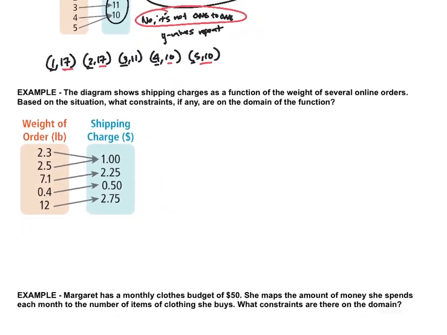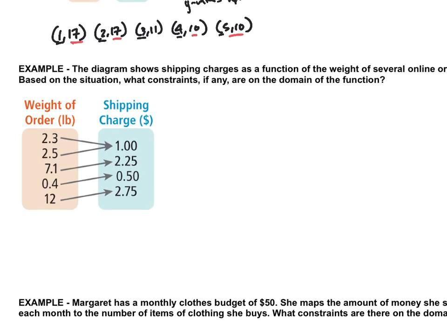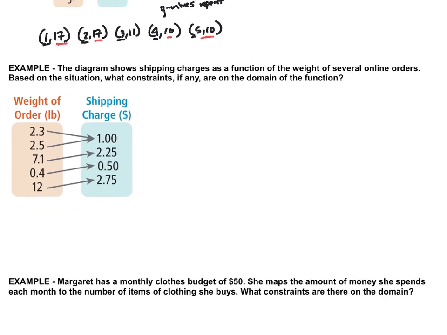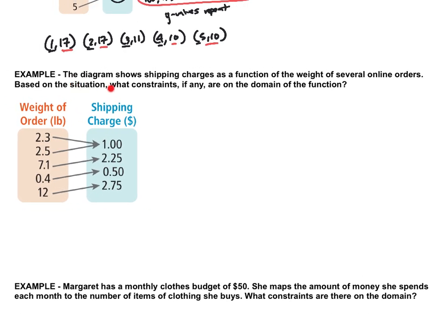All right, let's take a look at this next one here. It says, in this example, the diagram shows shipping charges as a function of the weight of several online orders. Based on the situation, what constraints, if any, are on the domain of the function? So here's the thing. This is x and this is y, okay?